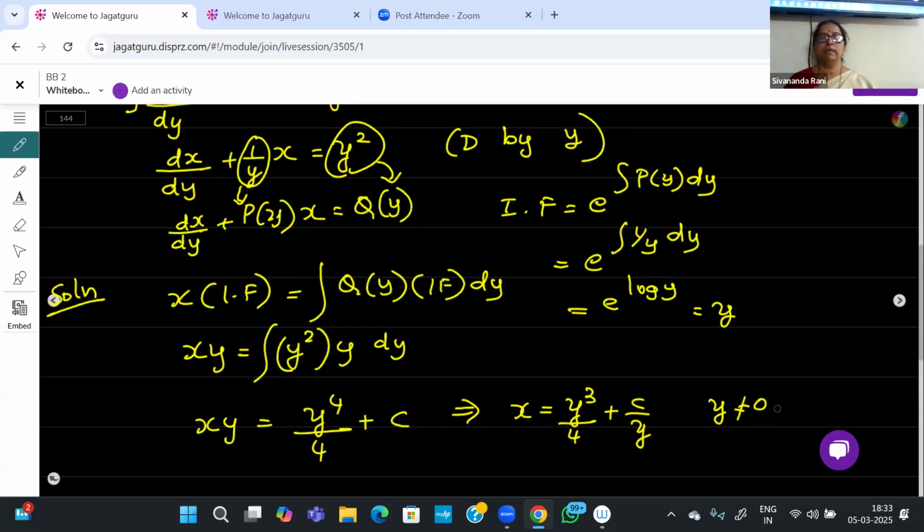But I think the problem itself demanded y not being 0, right? Otherwise, the problem would have collapsed. Of course, we'll mention that in the end. How many of you got this correct answer? Okay, I can see that many of you are very thorough.